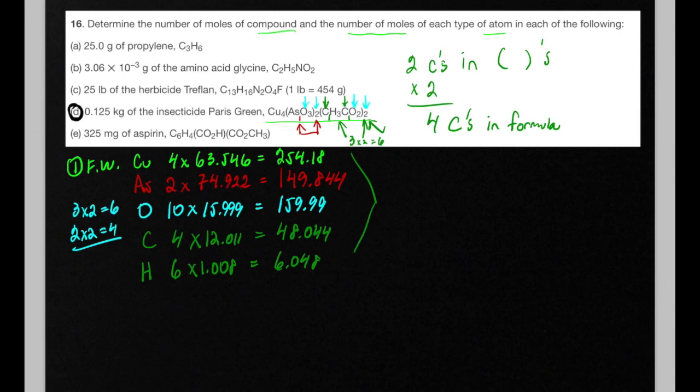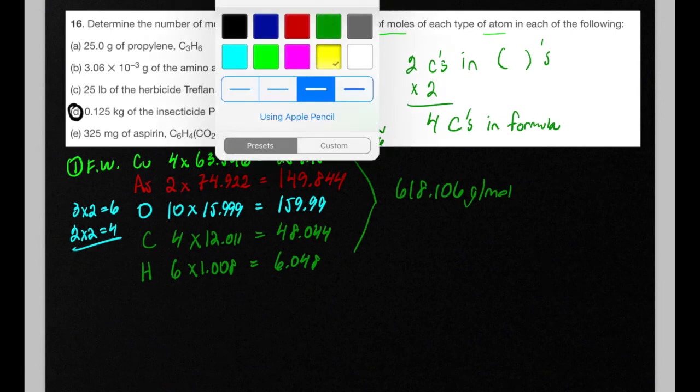Now we want to add all of these numbers up, and that grand total will be the formula weight of our substance. Okay, and I get 618.106, and the units there are grams per mole.